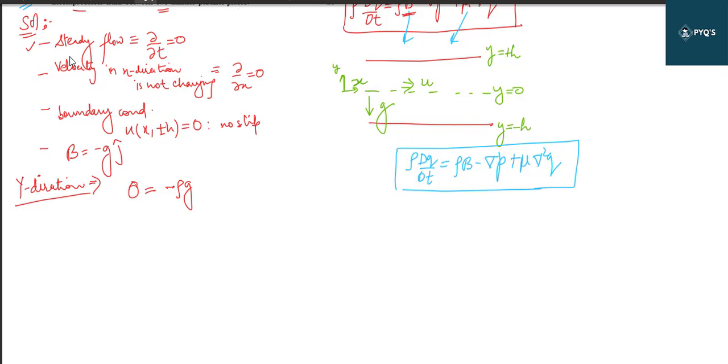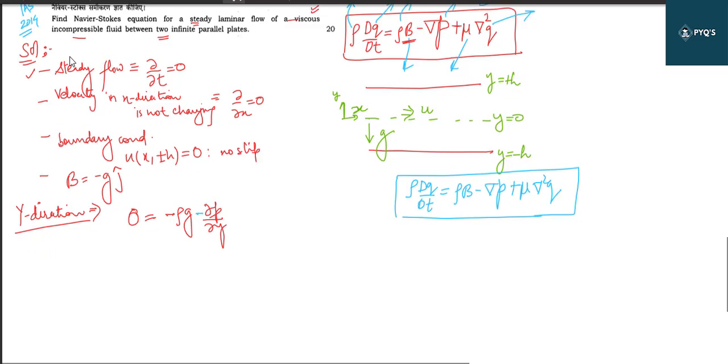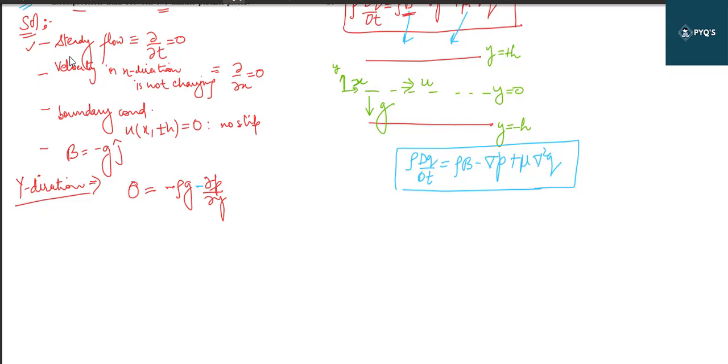So here it is rho b, which is minus rho g, minus del p by del y, and there is no coefficient of viscosity term because there is no velocity in the y direction. So for solving this, I'll get del p by del y equals minus rho g.